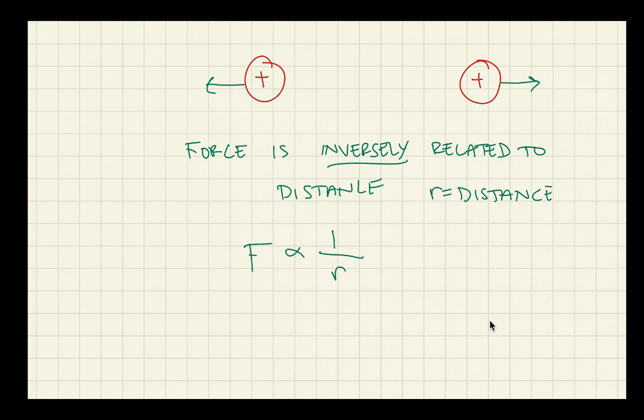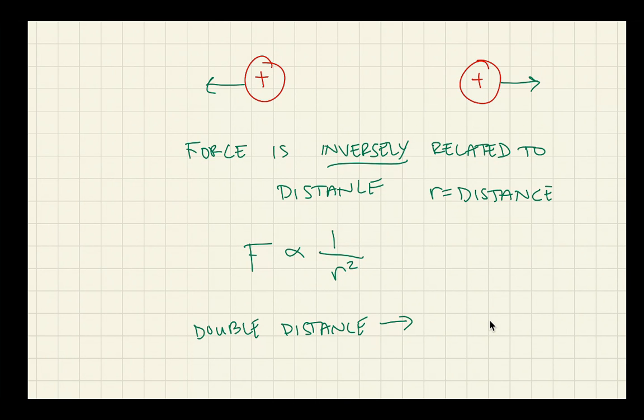But when researchers experimented with this, they actually found that this is not quite true. It's not just inversely related to r. It actually is inversely related to r squared. It's called an inverse square relationship. If you double the distance, what they found was that the force doesn't go down by a factor of 2.